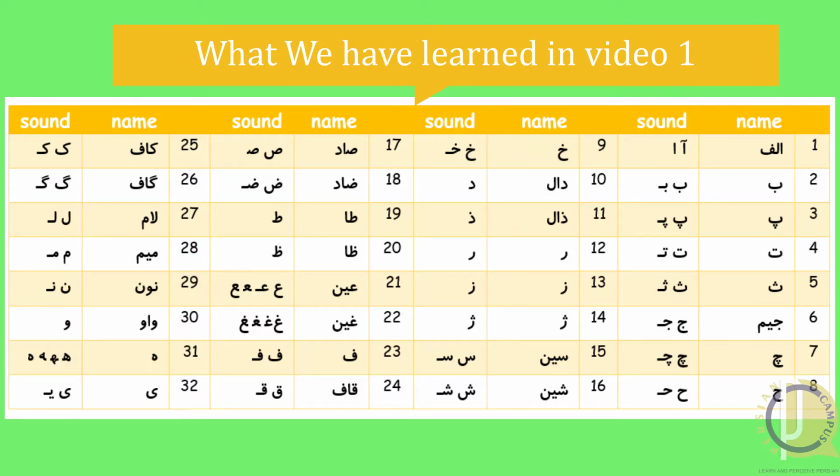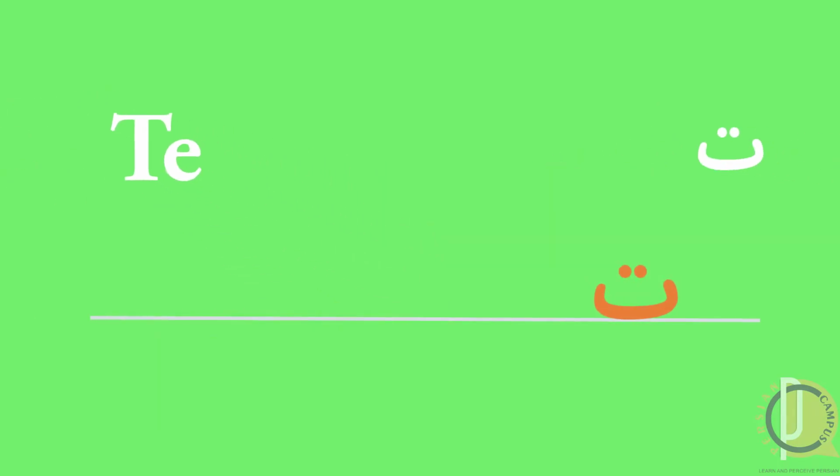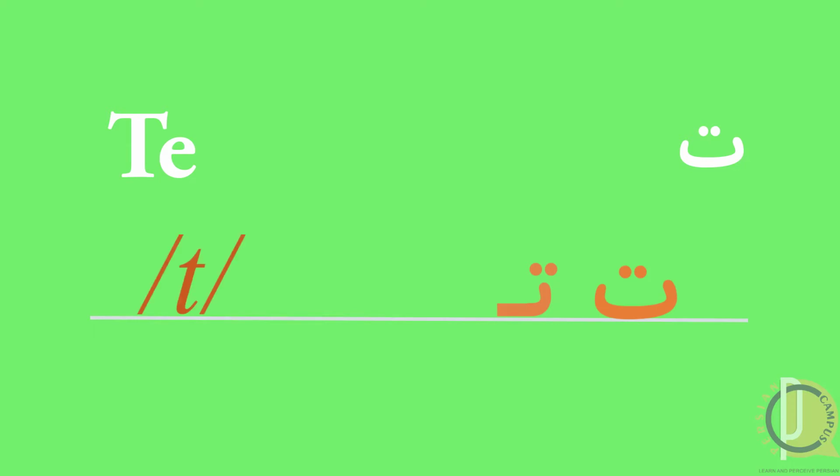Let's continue with T. T with 2 forms, the big one for the final position and the small one for the beginning and middle position. The sound is T, as in dast.